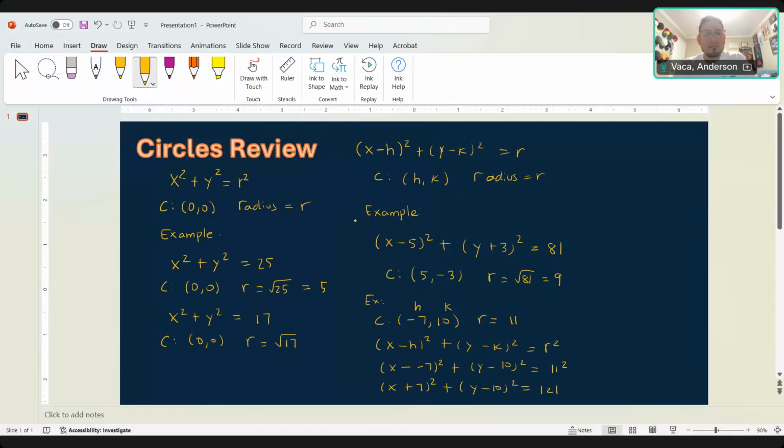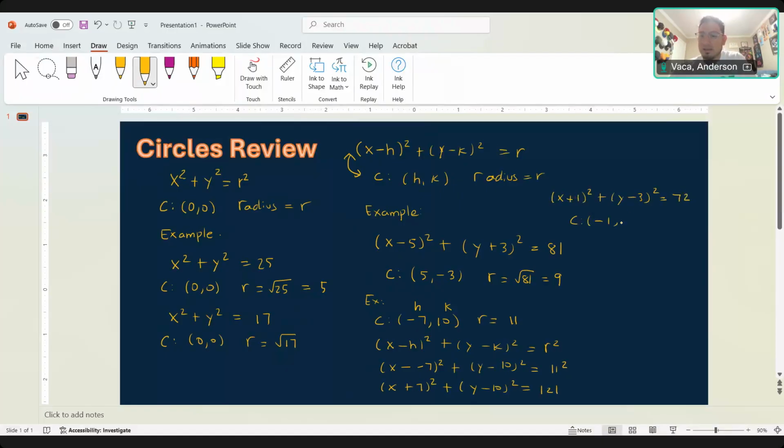Once again, the biggest difficulty here is remembering the connection between the formula of the circle and the values of h and k. There will always be opposite signs. So to do one more example here, if we have a circle as x plus 1 quantity squared plus y minus 3 quantity squared is equal to 72, then the center will be, well, the opposite value of plus 1 is negative 1.